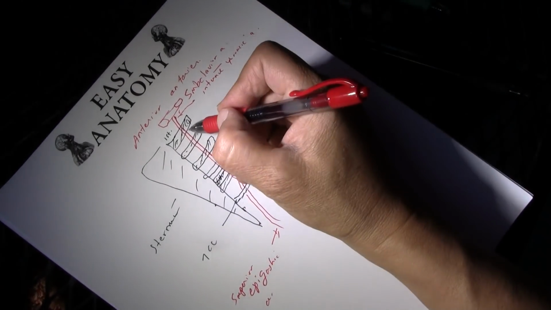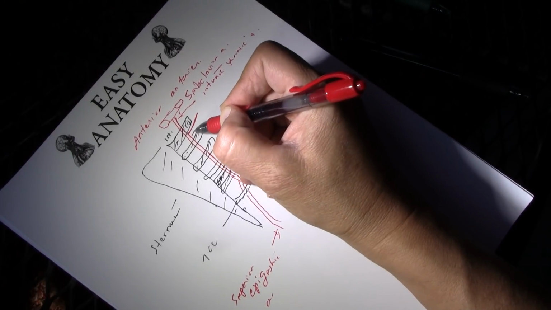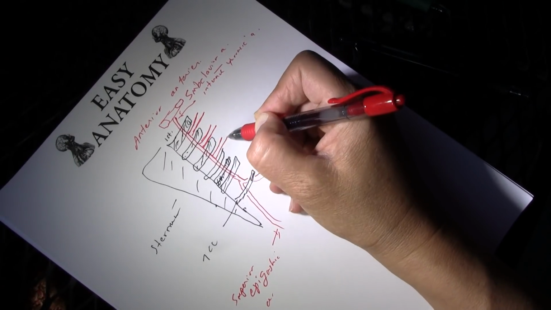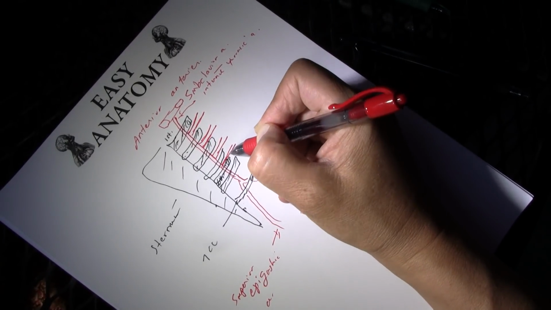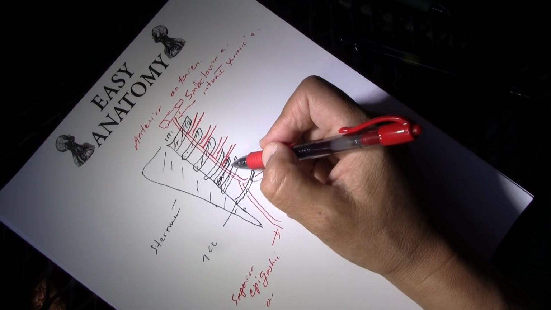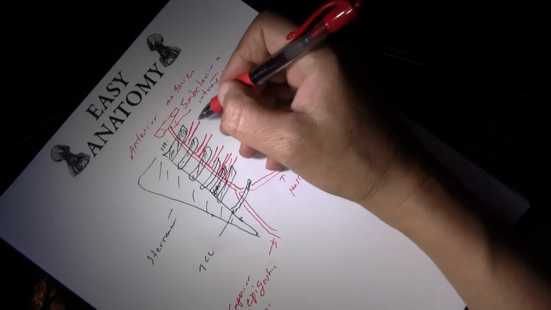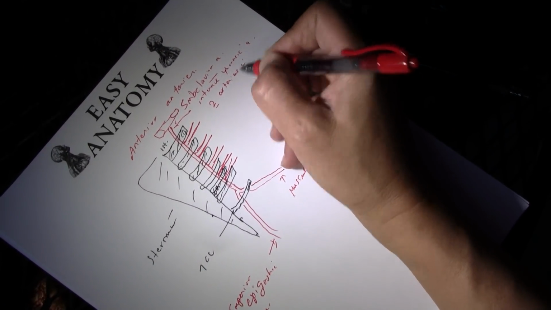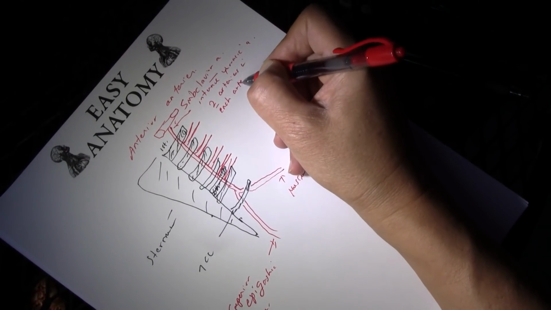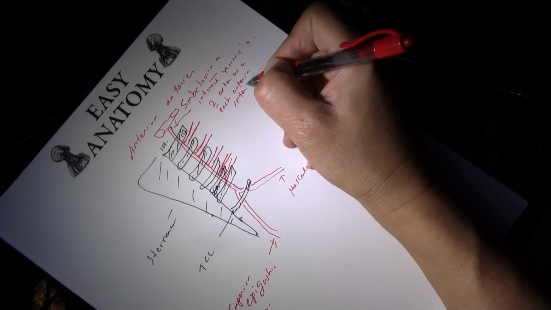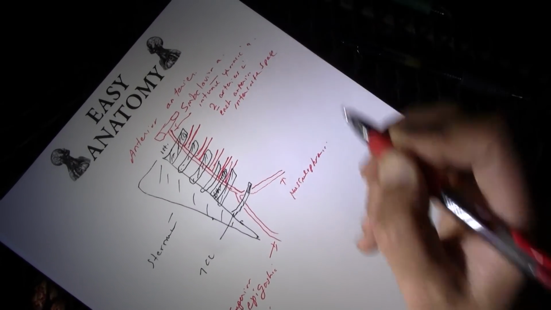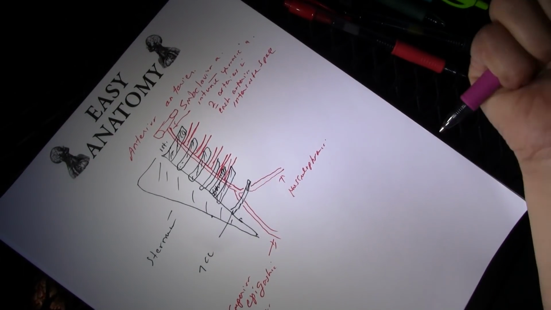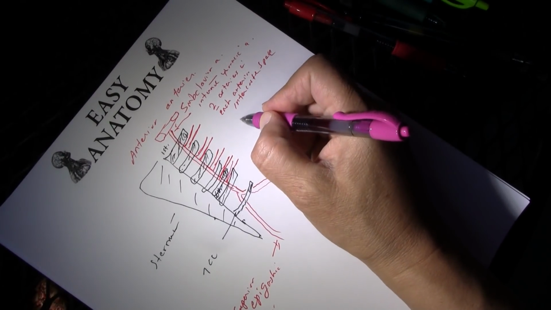So in each space it is going to send 2 anterior intercostal arteries. Okay? 2 arteries in each anterior intercostal space. Those 2 arteries are going to anastomose with the posterior intercostal arteries, which are coming from behind.